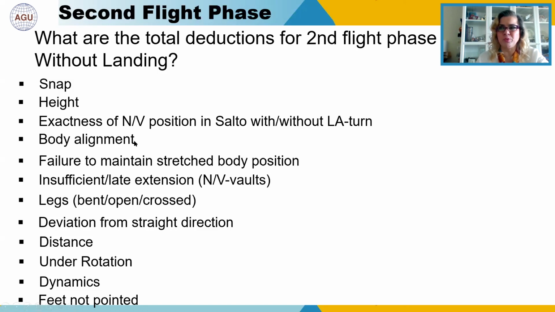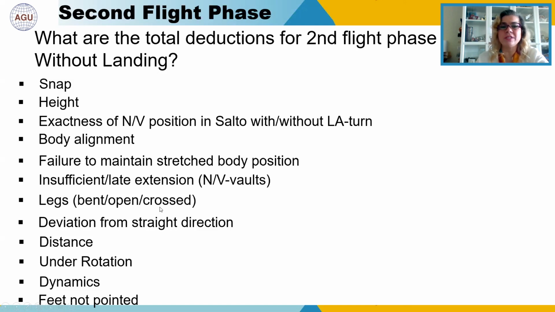Body alignment only 0.1 maximum. Failure to maintain stretched body, which means piking too early, 0.1 or 0.3. Insufficient and or late extension in the tuck or piked vaults, which is maximum 0.3. Here for the legs, if we have the deduction for bent legs, maximum 0.5.